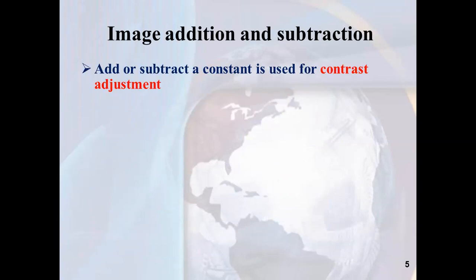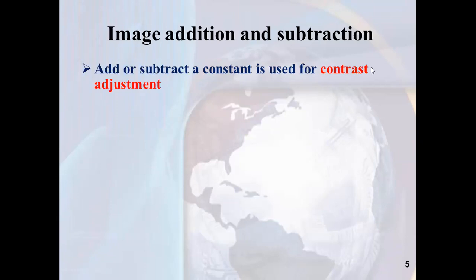While if we subtract a constant, the values become lower, the values become nearer to 0, which means that the image becomes darker. So adding a constant or subtracting a constant, as it's similar, is how we adjust the contrast of the image. We increase the brightness of the image or we increase the darkness of the image.